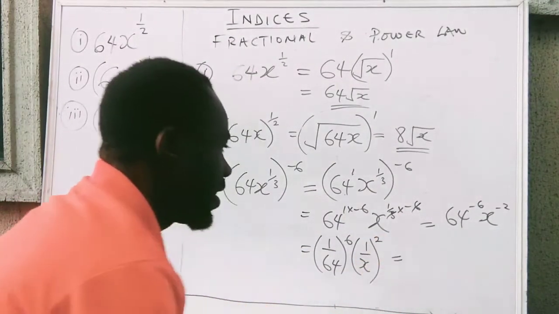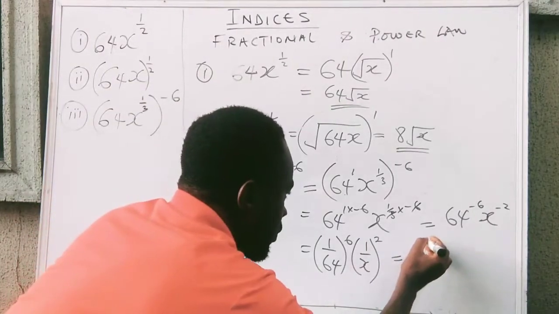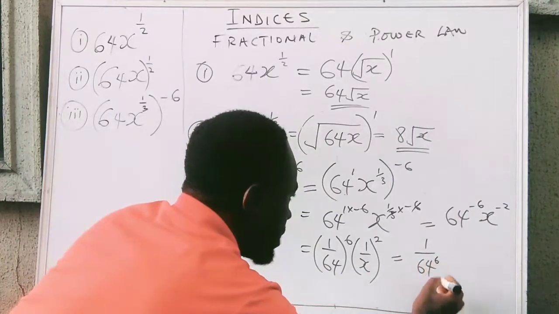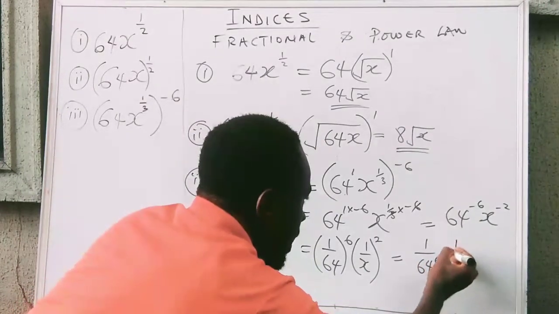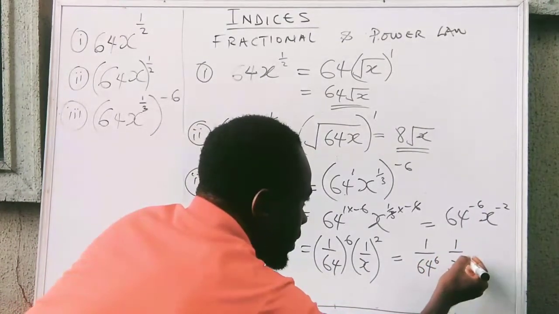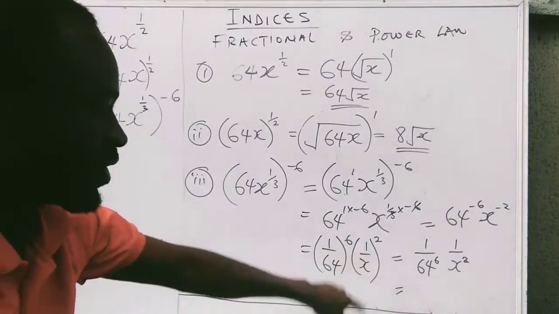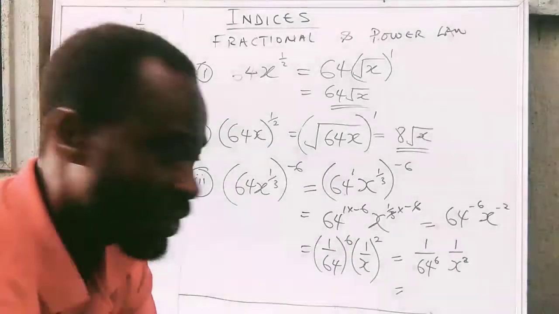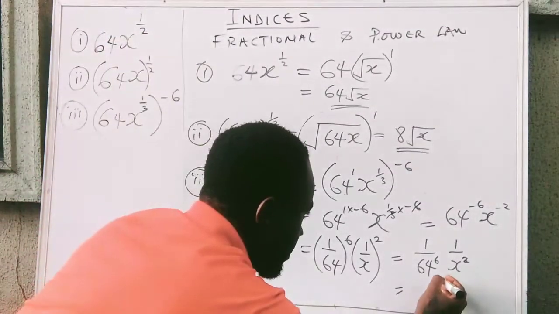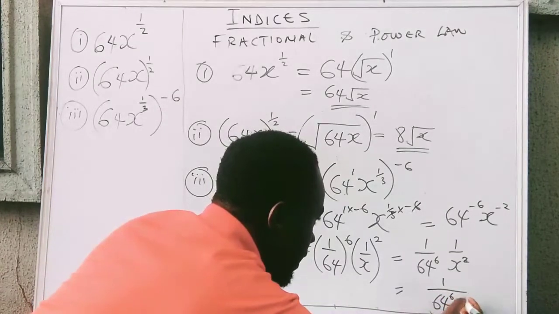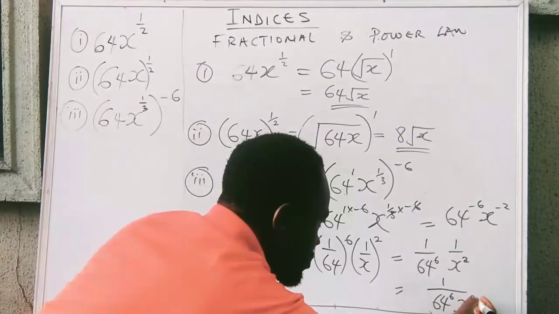So that my final answer becomes 1/64 raised to the power of 6, and 1/x squared. Because this will affect this, this will affect this, so that my final answer becomes, I combine this thing now, that gives me 1/64 raised to the power of 6, x raised to the power of 2.